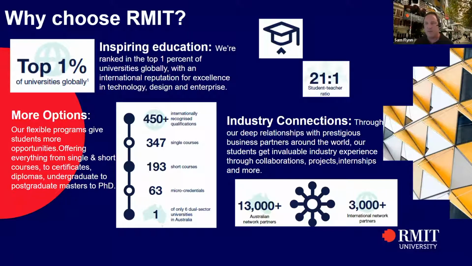We work with big multinational companies and also locally with family-owned companies. So the students get the opportunity to not only do the theory and practical work, but also work integrated learning, field work, and have industry mentors. That's one of the reasons why we rank so highly there.